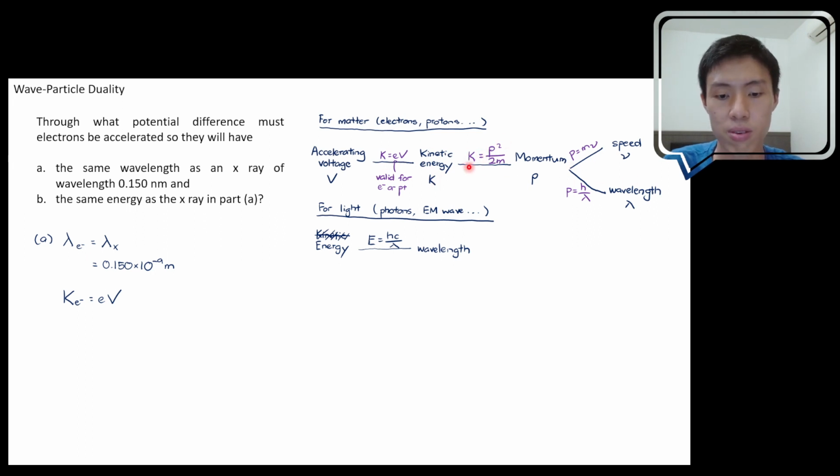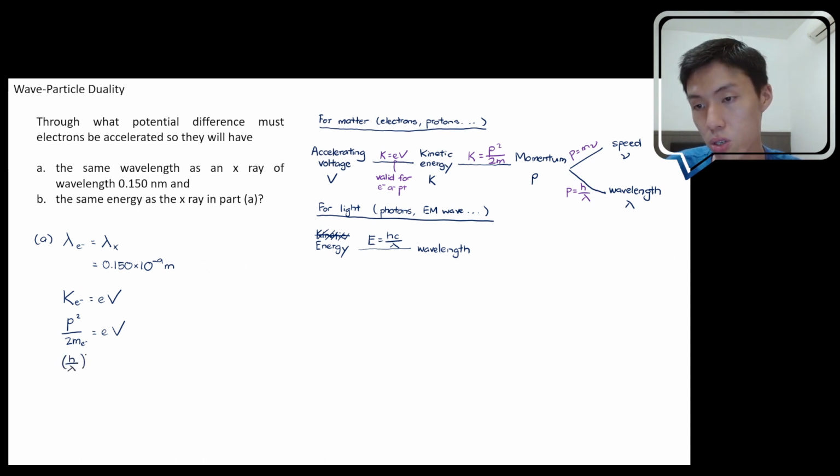So p squared over 2m, where m is the mass of the electron, equals eV. Then we extend it further by saying that p is equal to h over lambda. So (h over lambda) squared over 2 times the mass of the electron equals eV.